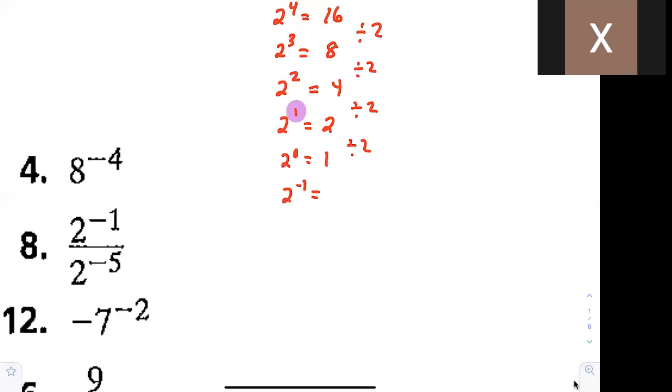You followed the pattern. What was the pattern as I was going down? Divide by 2. So what is 1 divided by 2? It's the fraction 1/2. So that's how they figured out negative exponents. So 2 to the negative 1 is 1/2.